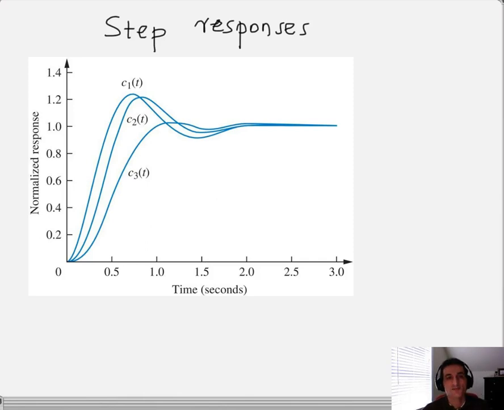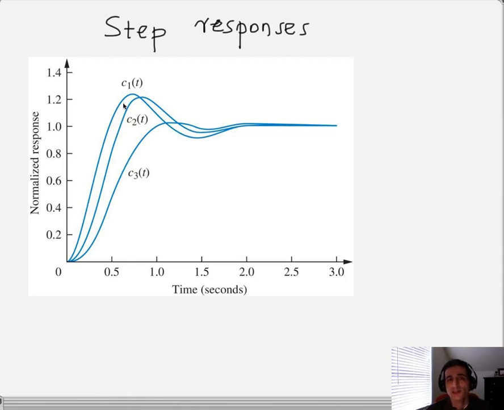In this next slide, I have plotted the responses using the step command in MATLAB. C1 is just the original second order system response. C2 is the original second order plus an extra pole at -10, and C3 has the same poles plus an extra one at -3.